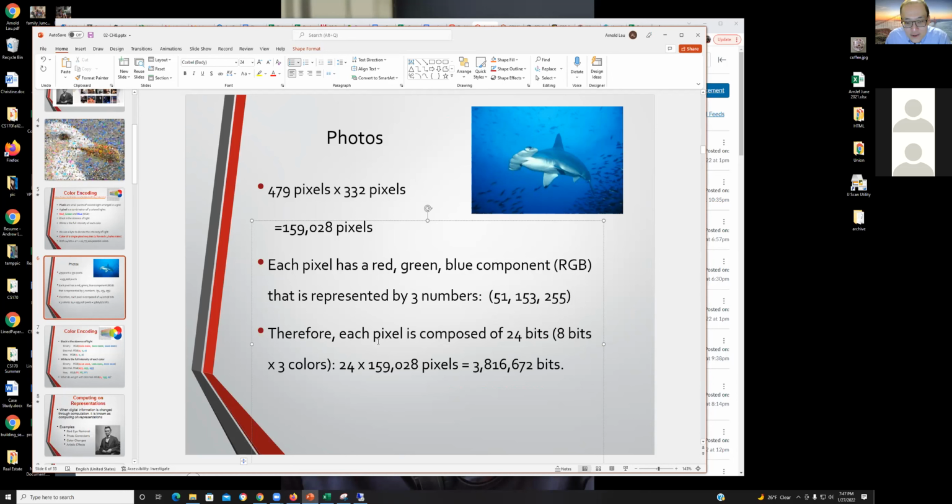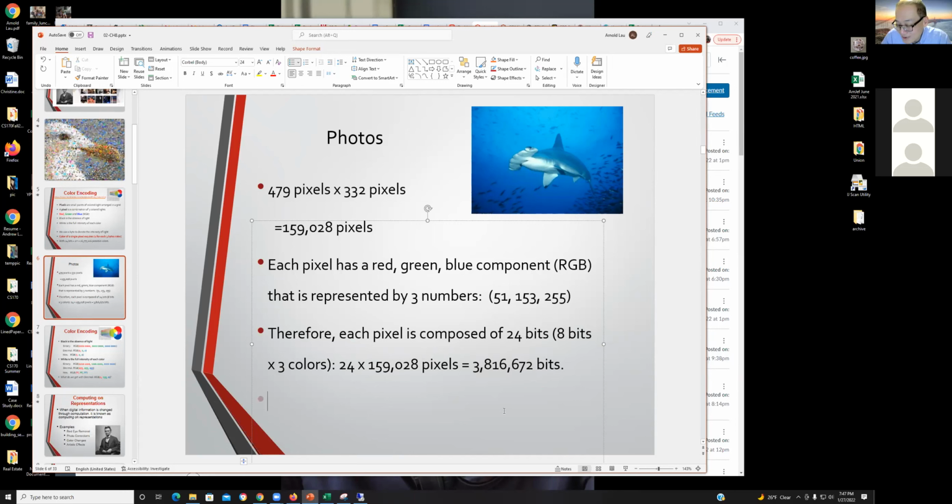And so each pixel is composed of 24 bits, right? Remember 3 times 8, and each byte is 8 bits, and it's saying that here: 8 bits, 3 colors, okay? And so we have the 24 bits here times the 159,000 pixels, and this tells you the size in terms of bits.